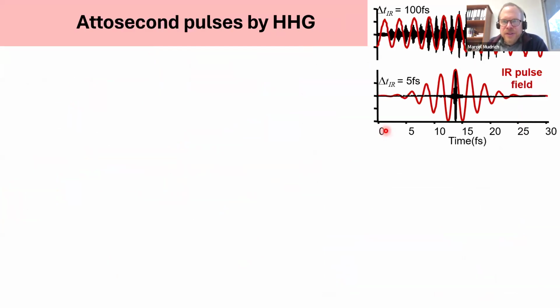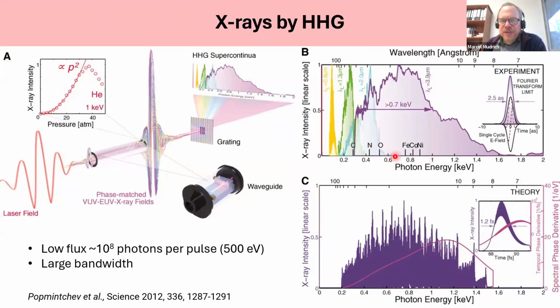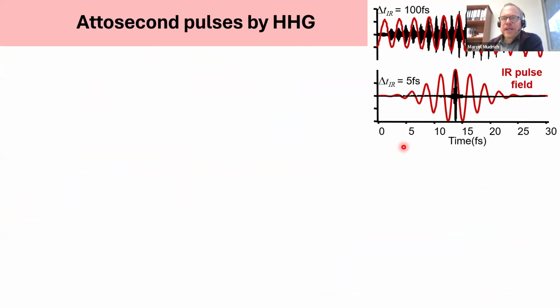Also, this is mainly about the frequency spectrum, the frequency characteristics. If we look at the spectral characteristics of these trains of XUV pulses, remember, in every half cycle we have this recollision process. So XUV pulses are emitted in every half cycle of the drive pulse, which results in a train of XUV pulses.